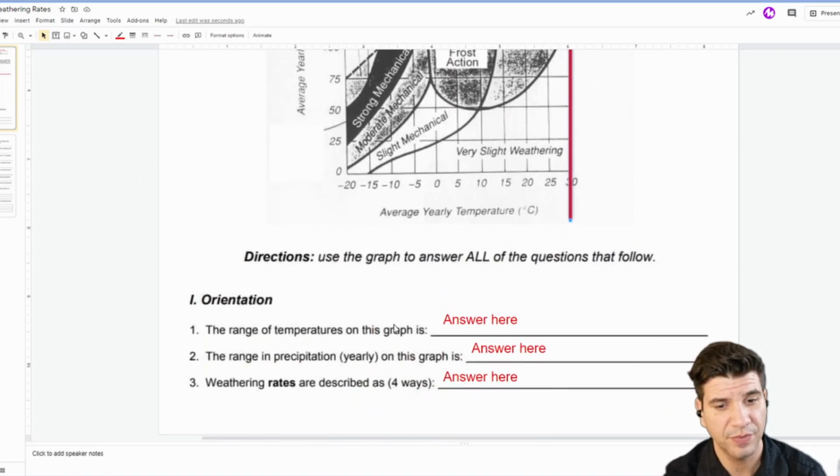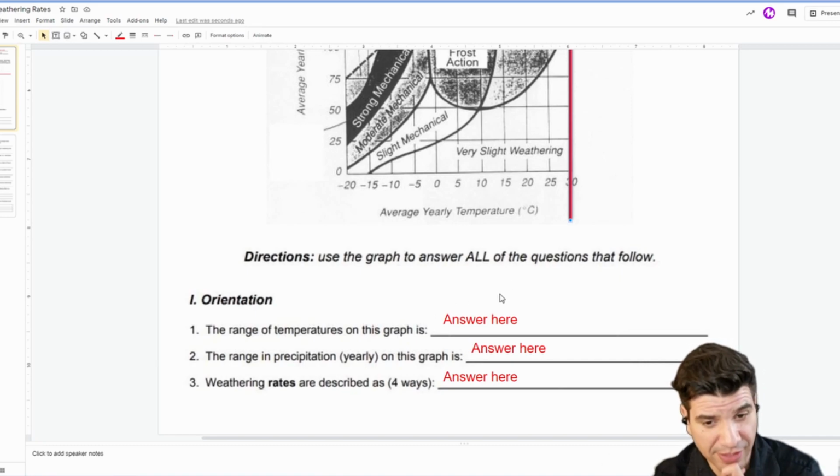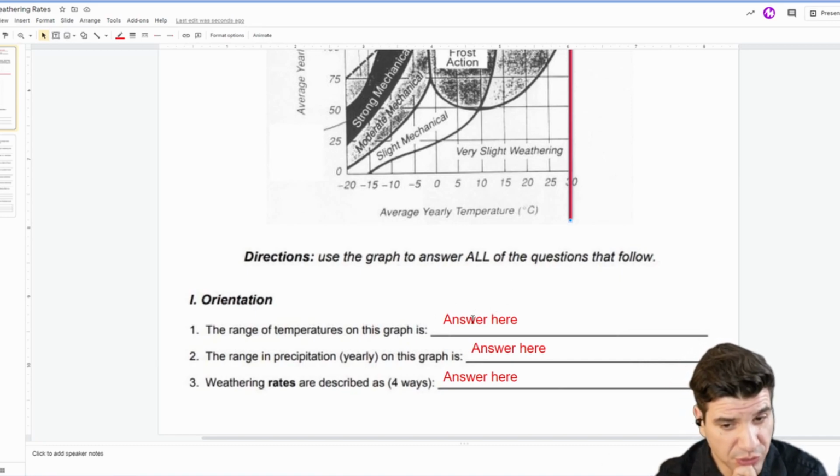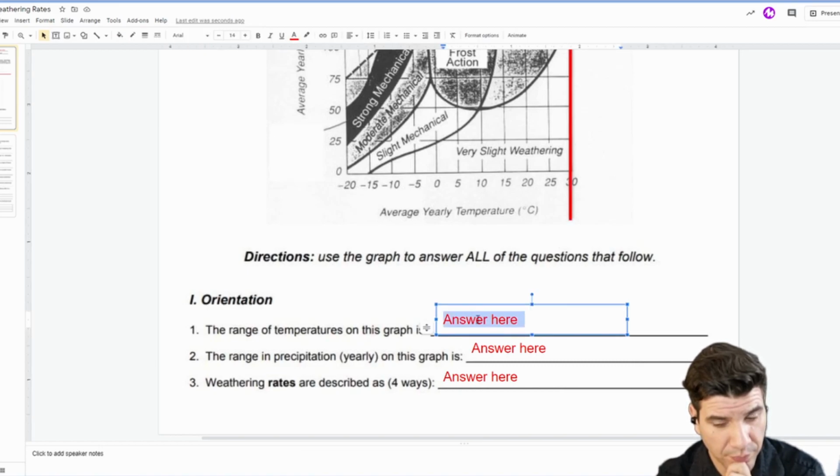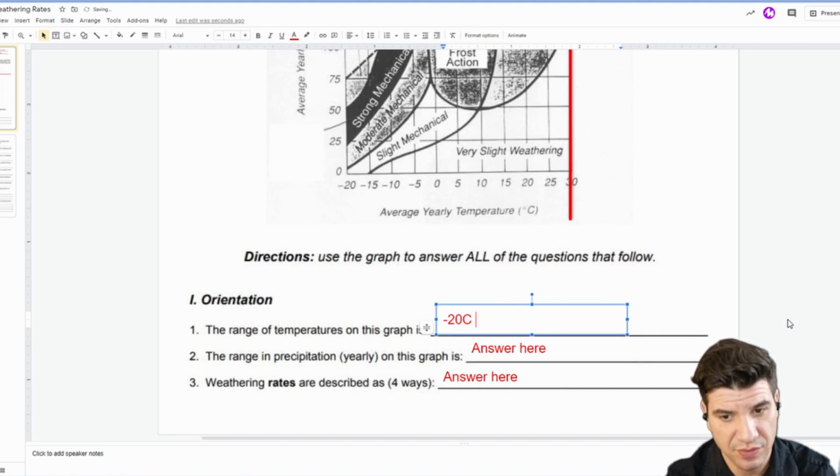Let's look at the first question. It seems like a math question. The range of temperatures on this graph is what? So we're going from negative 20 Celsius to positive 30 Celsius. What's our range? 50 degrees.